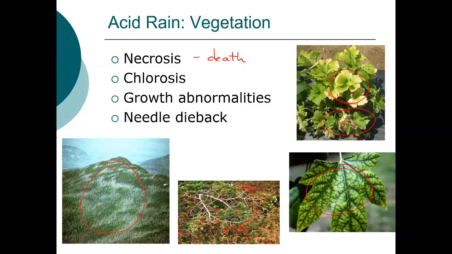So what happens then is you get desiccation of the leaf or the needle, and that results in the death of the tree. And that's what you're seeing in this image here. So all of those dead trees are the result of acid rain. And this was a significant problem in the Adirondacks, for instance, in New York State.